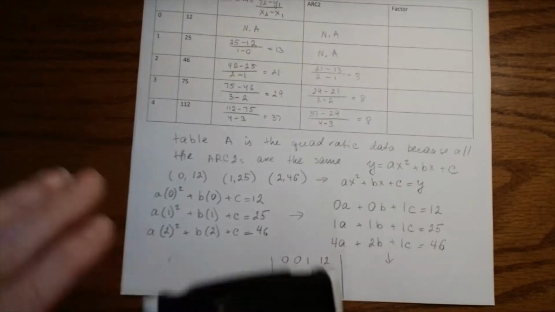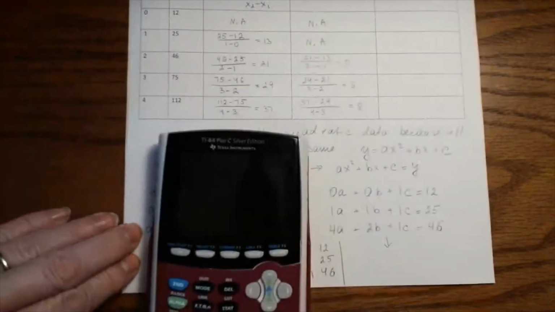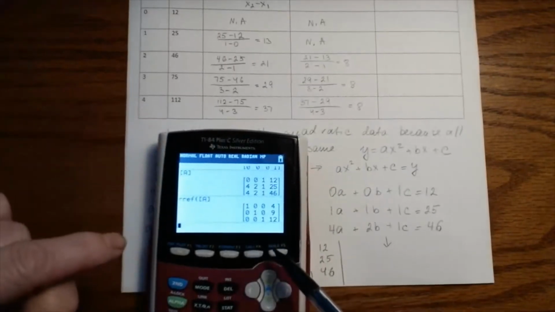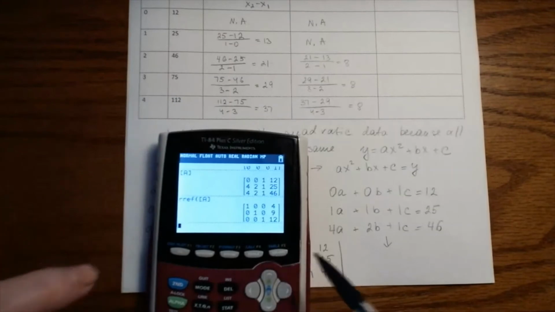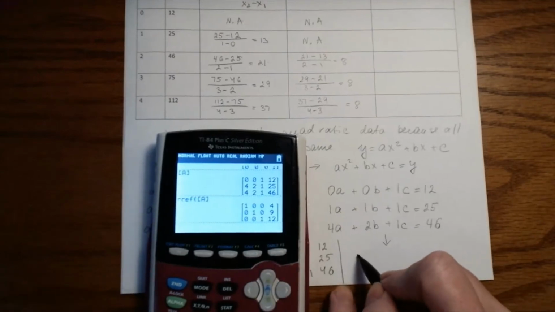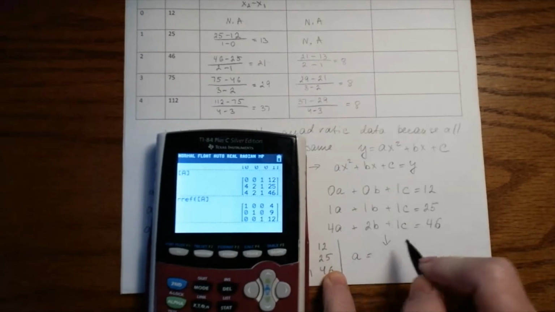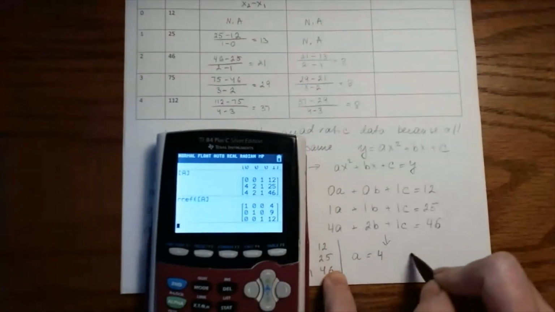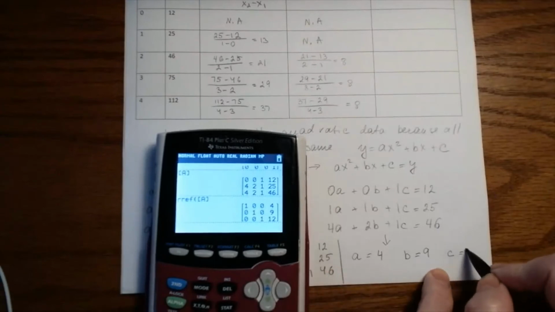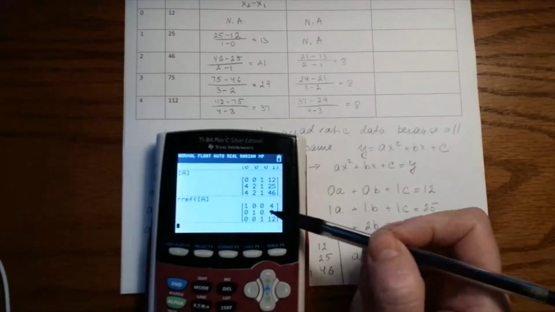We will use our calculator, and if you follow the steps that I showed in the video on how to solve a system of linear equations by using a calculator, you will see that a is equal to 4, b is equal to 9, and c is equal to 12, in this column.